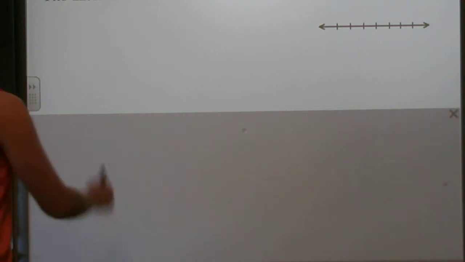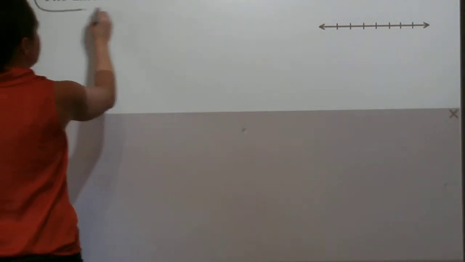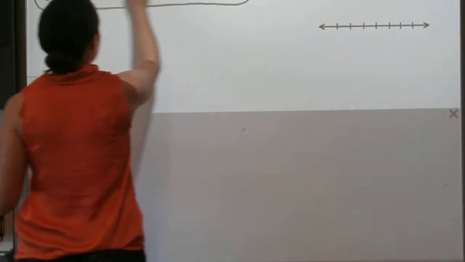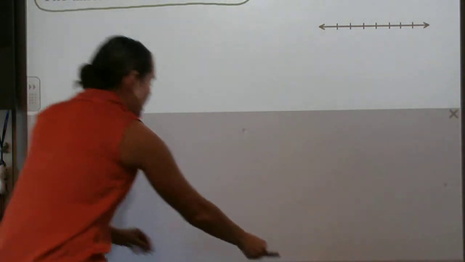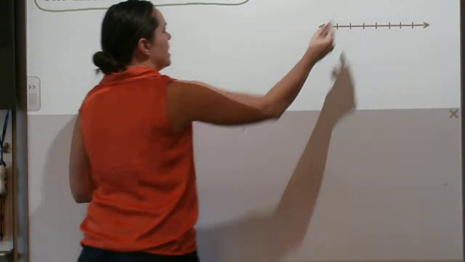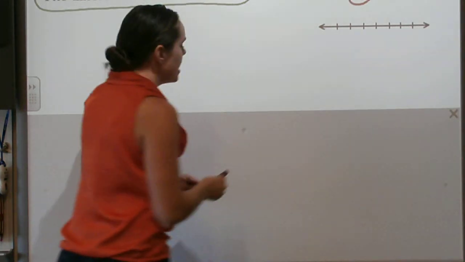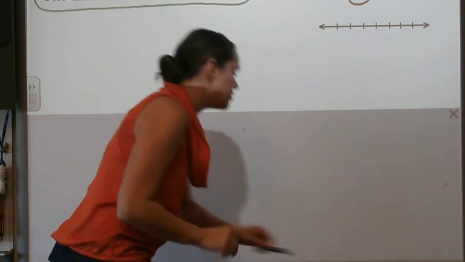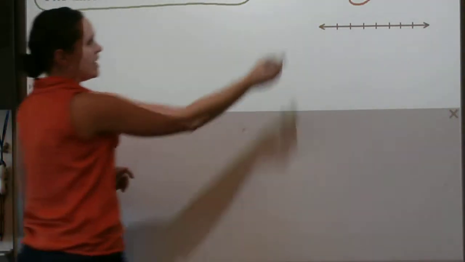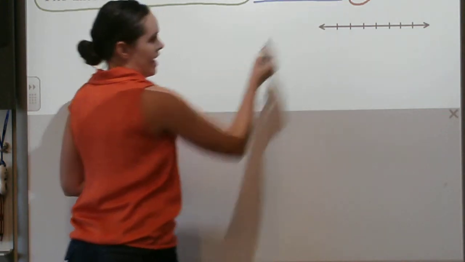Okay? So we have two expressions we need to write. The first expression is the difference of a number and 5. The next expression is 8. And our key word to determine which inequality is no more than.